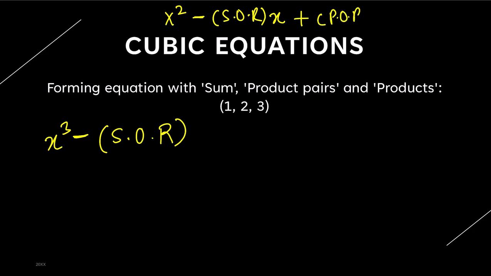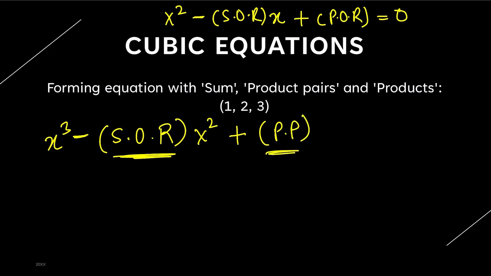Here we have x cube minus sum of the roots into x square plus product pair into x minus, just remember the sign, minus plus minus, product of roots into nothing, equal to 0, right?